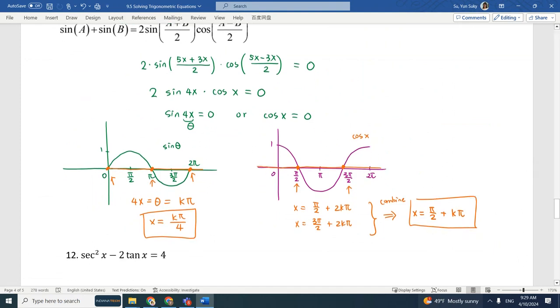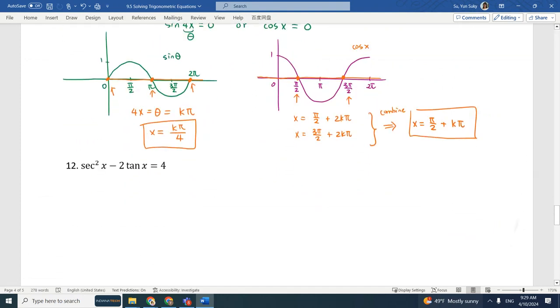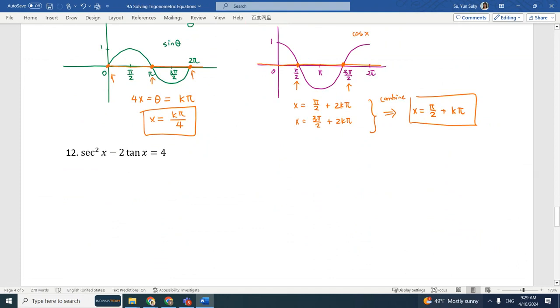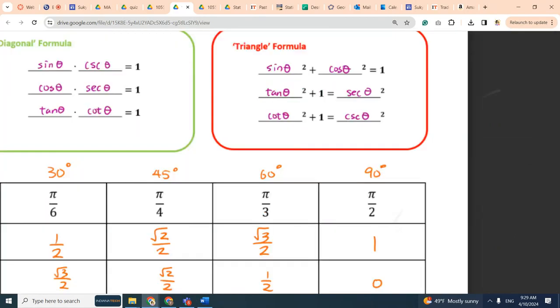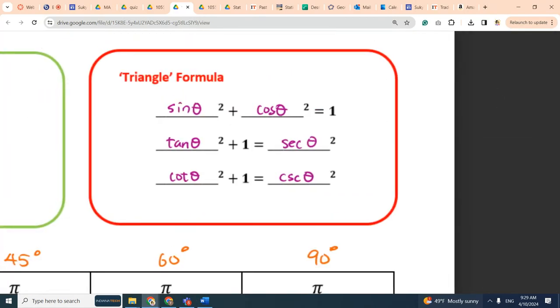Okay. All right, next. So you see we have problems about sine and cosine, and the next tab is the problems about secant and tangent. You know, secant and tangent are related. Using the trig identity, which one? Tangent squared plus 1 is secant squared.